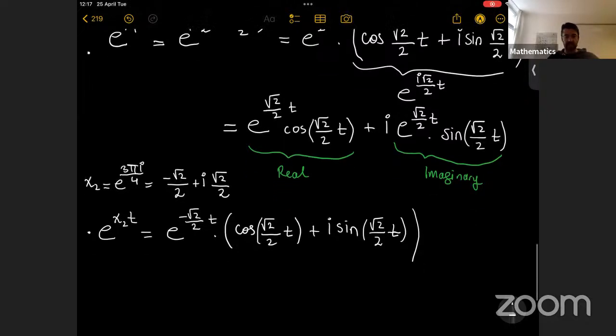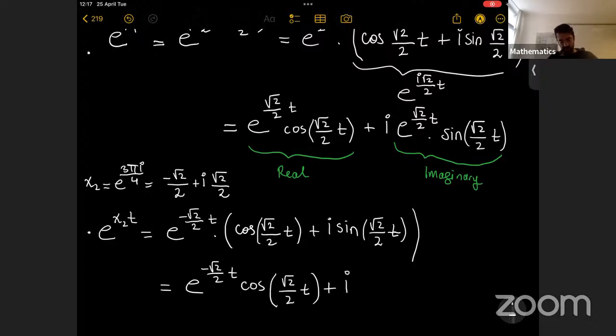And the real and imaginary parts are, again, e to the minus root 2 over 2 t cosine root 2 over 2 t plus i times e to the minus root 2 over 2 t times sine root 2 over 2 t.